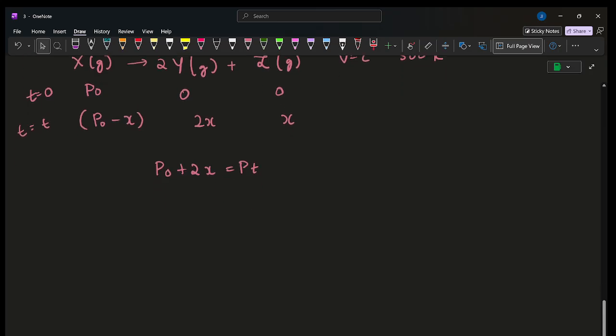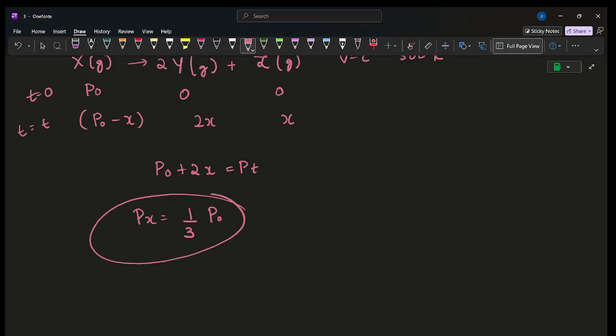Now they've told initially only X is present with concentration X0. Now they talk about concentration. And T1 by 3 is the time required for partial pressure of X to reach 1/3 of its initial value. 1/3 of P0 is what we need to find out.